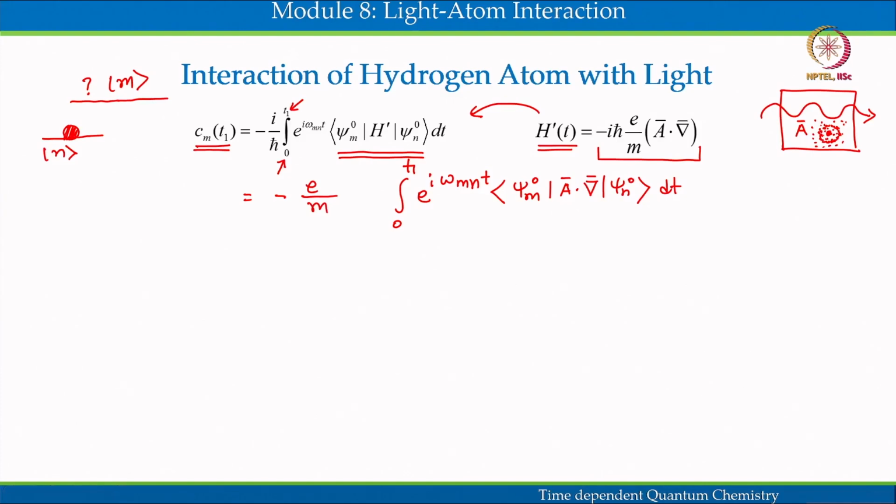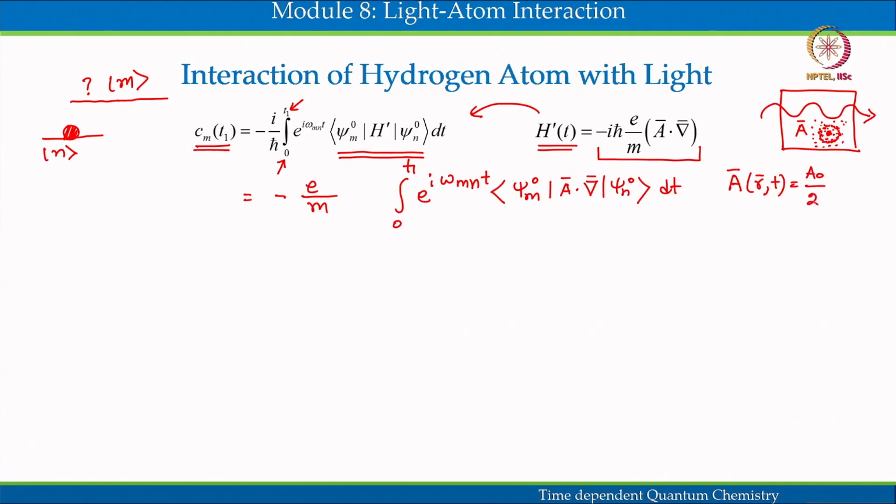Now A has a particular expression we have seen. A is a vector, and A depends on the position, so we will explicitly write down the position vector r comma t. It depends on the position vector and t, which is nothing but A naught by 2.